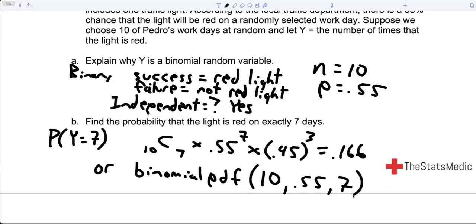And then we're going to use PDF whenever it says what's the probability that it's exactly a certain outcome. So let me label these. This is number of trials. This is the probability. And it was 0.166.